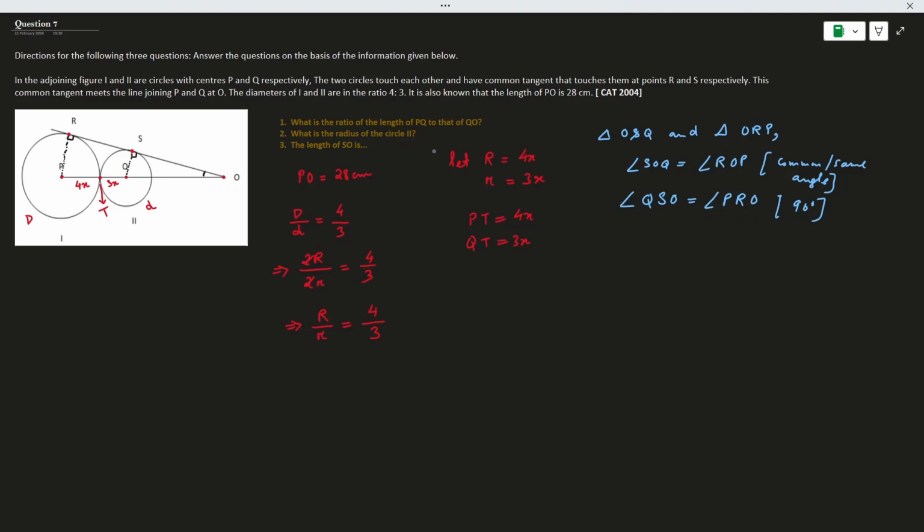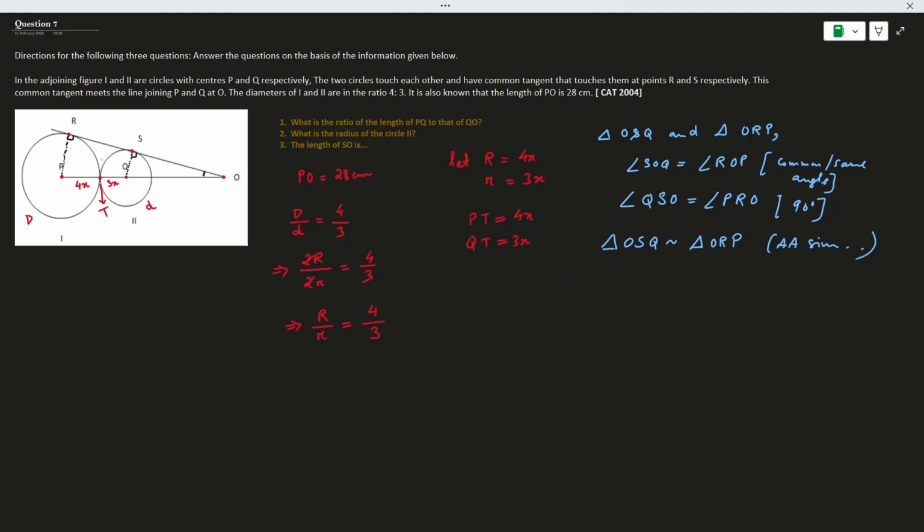Now in two triangles, two angles are equal to the other two corresponding angles. That means the third angle will also be equal to the third angle of the other triangle. That means these two triangles are similar. Triangle OSQ is similar to triangle ORP by angle similarity.